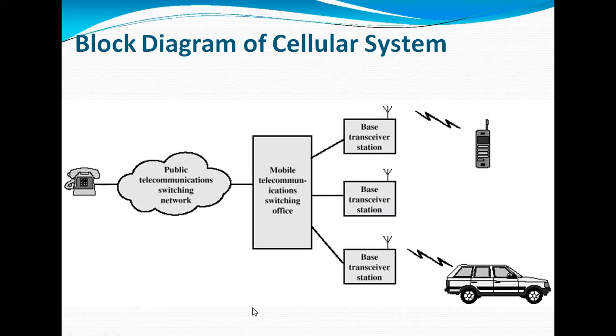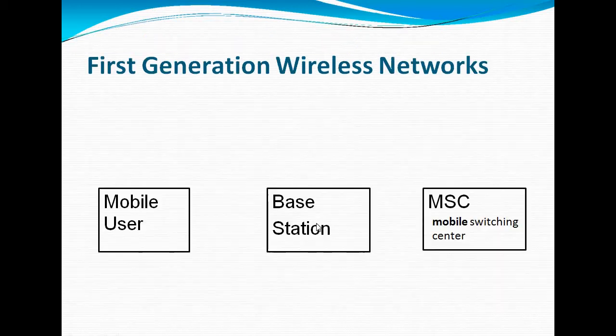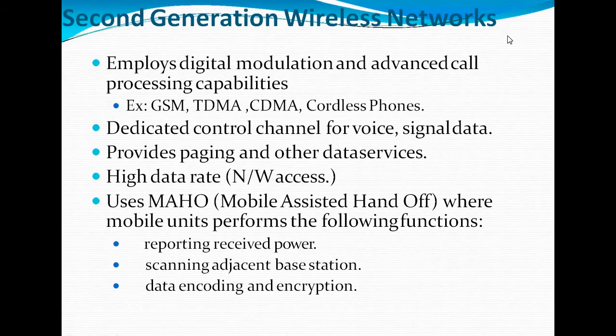In the same block diagram, users are related with different base stations. These base stations are related with their mobile telecommunication switching office, which is correlated with PSTN. So the first generation of wireless network includes the mobile user, base station and mobile switching center.